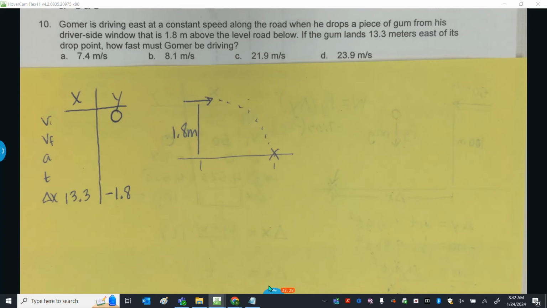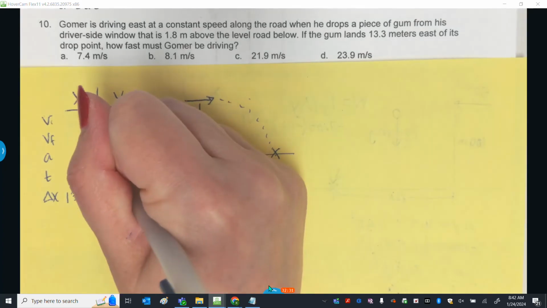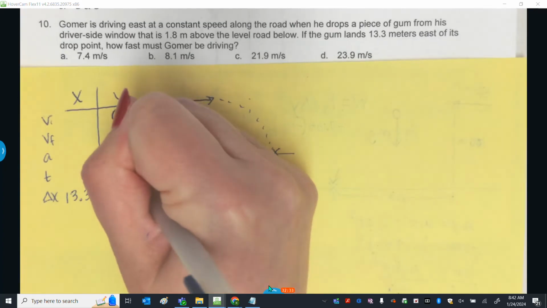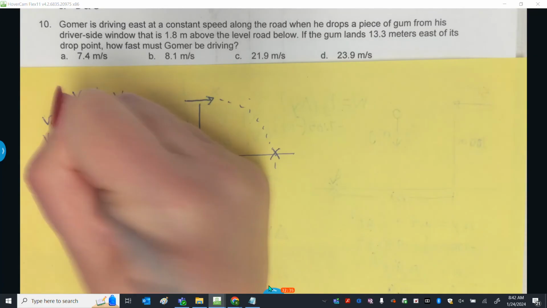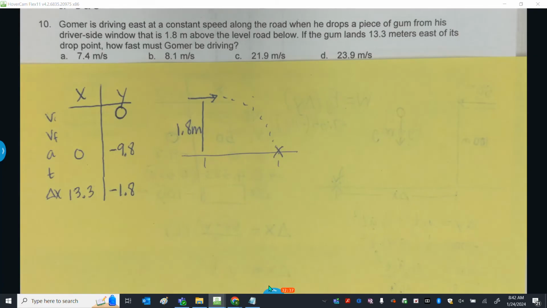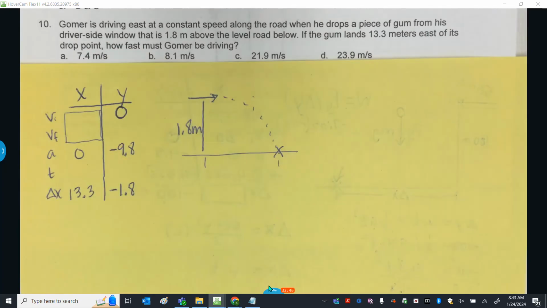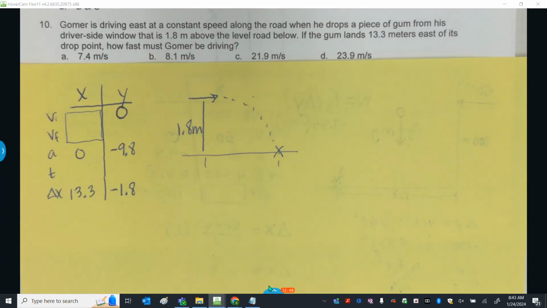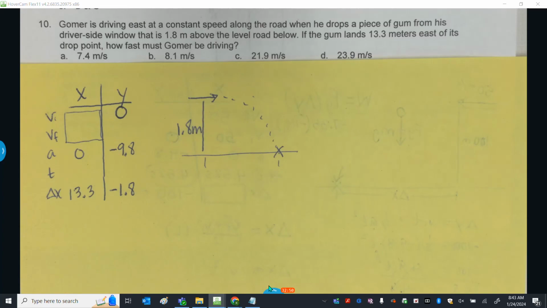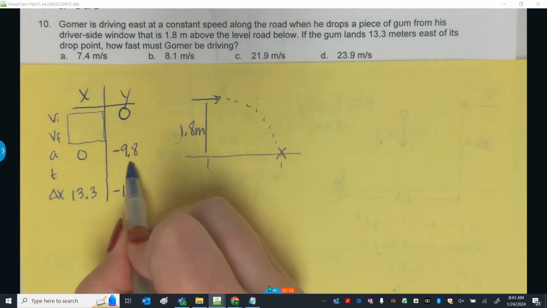I also know that my accelerations, vertically it's due to gravity, negative 9.8. Horizontally it's 0. I can fill those in. And from here, I now have enough information to start to solve. I'm looking for how fast he's driving. I'm looking for this, horizontal velocity. But I need to find the time in order to get it. So we're going to solve for time first using our vertical data.